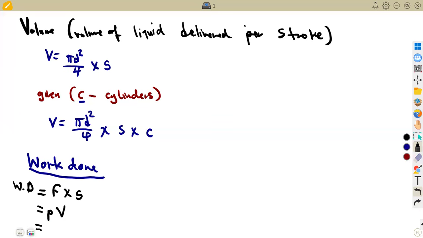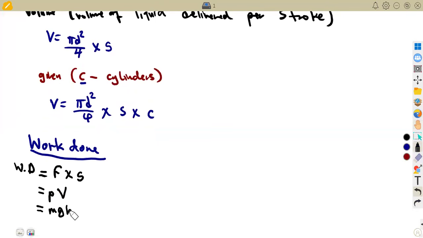When you are given a certain height, work done can be given as the potential energy, so it can also be given as mgh.